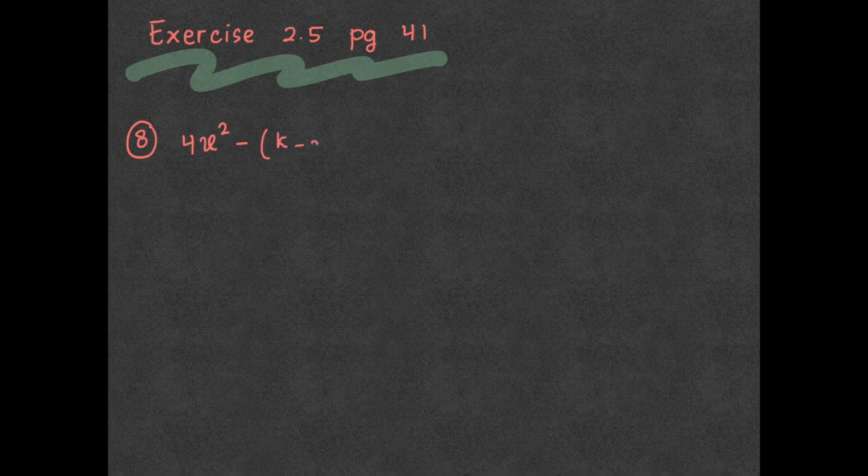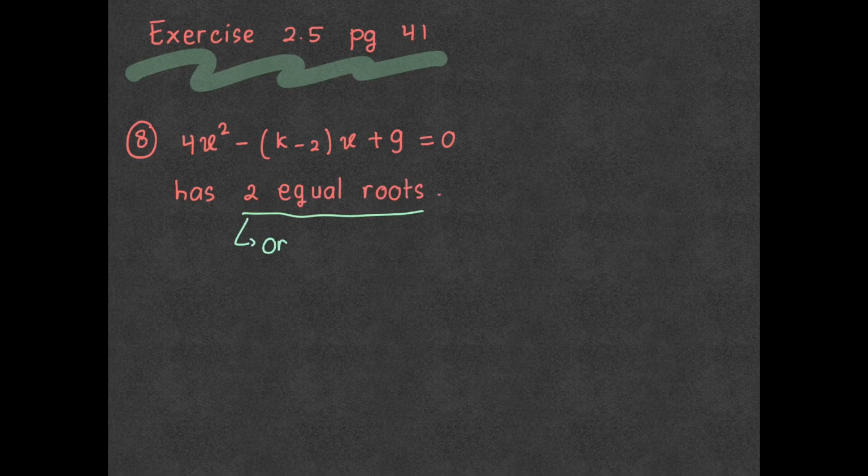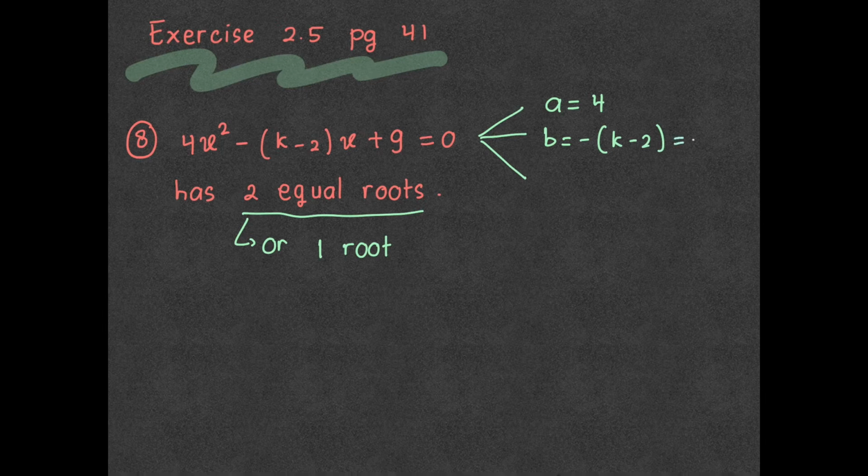Number 8. This is the quadratic equation, and this quadratic equation has two equal roots. Two equal roots here means the quadratic has only one root.